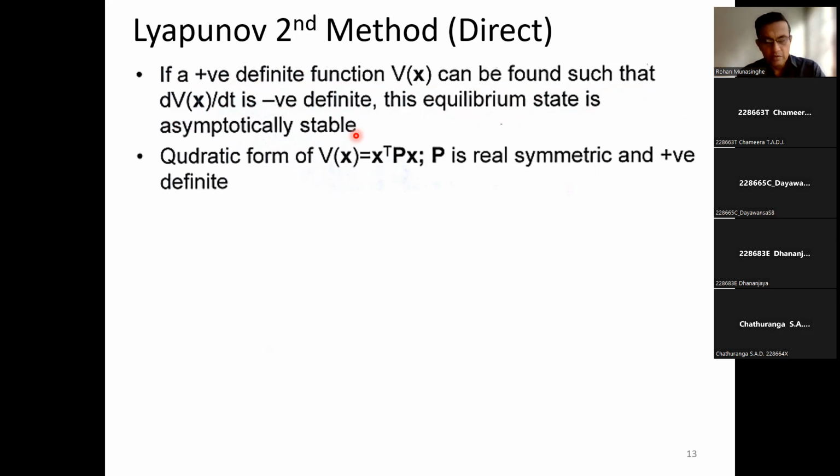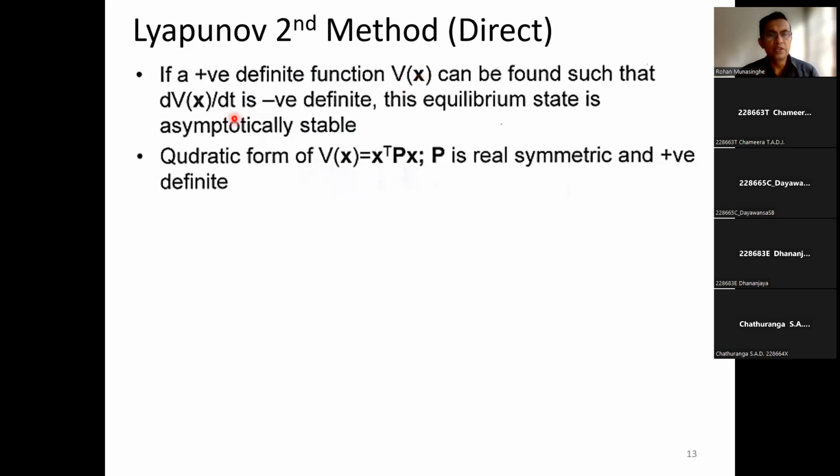But the difference is that rather than directly going to the energy and trying to solve it and show its negative rate of change, here you can have any positive definite function. You don't have to stick to energy itself, but any form of energy function V(x), any positive definite function, okay?